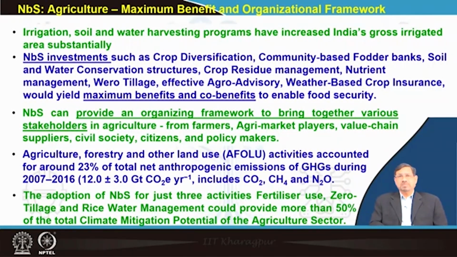So investments in nature based solutions such as crop diversification, community based fodder banks, soil and water conservation structures, crop residue management, nutrient management, tillage and effective agro advisory, weather based crop insurance, all of these fall under the nature based climate solution umbrella.